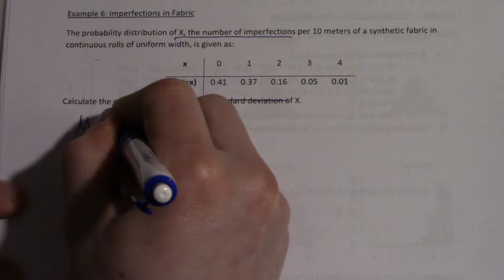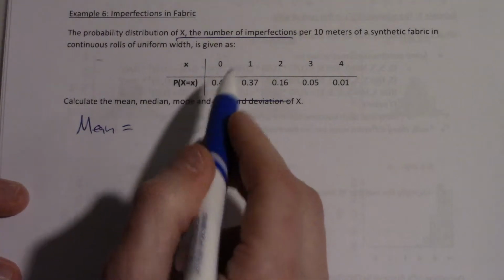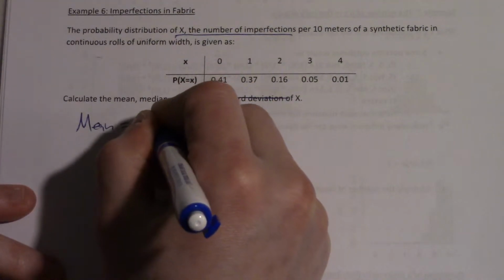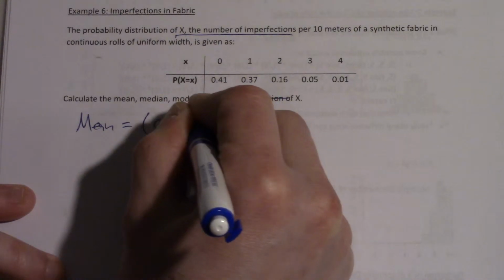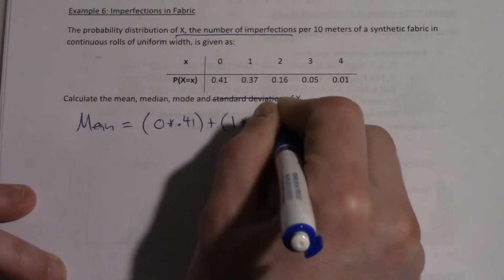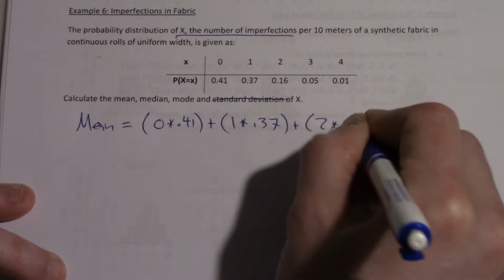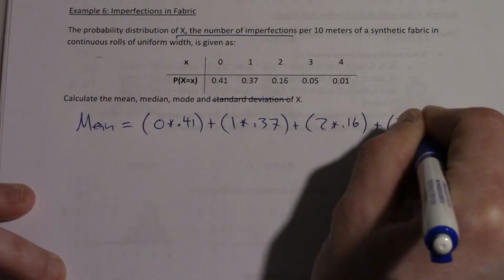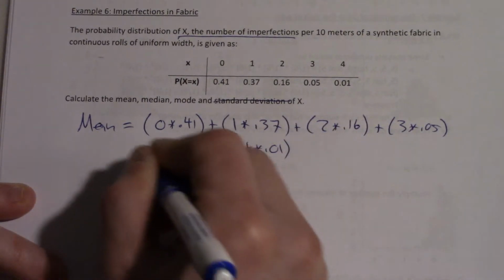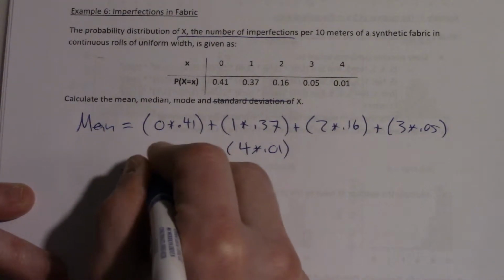So for the mean, again, you take each X, multiply it by its probability, and add them all up. So we have 0 times 0.41, 1 times 0.37, etc. If you do that arithmetic, you'll get 0.88.